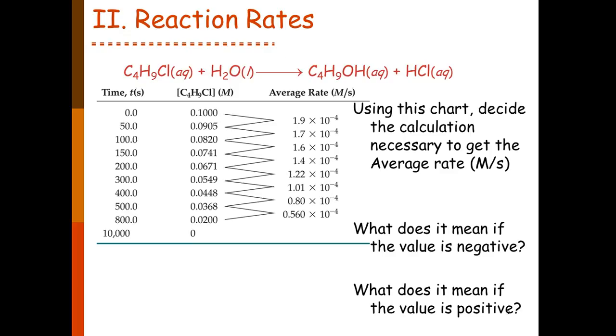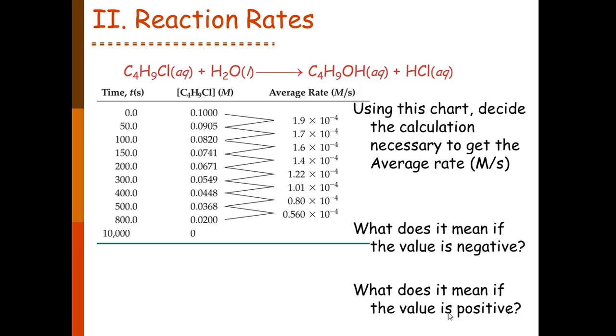Anytime we have a kinetics experiment, we're always going to be collecting data. So we'll have time, and we can collect data such that we're observing the disappearance of a starting material, or we can observe the appearance of the product.